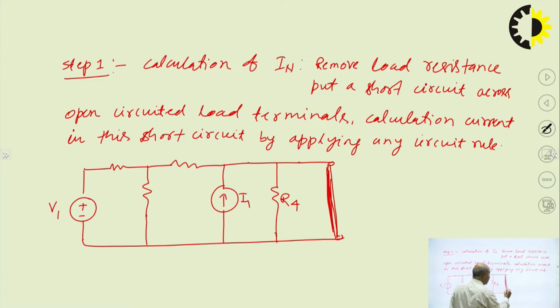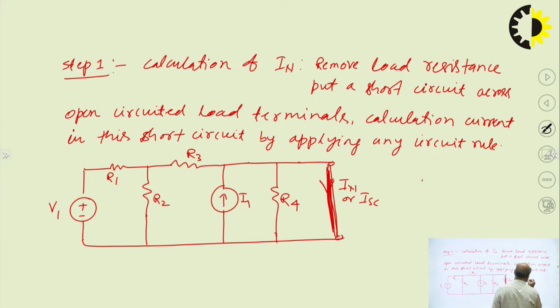So we have to find the current in this short circuit or conducting wire, and this is known as In or ISC, and we can apply any of our circuit rules to calculate the value of In or ISC. These circuit rules are KVL, KCL, nodal, mesh, etc. Right. So this is step 1, how we calculate the value of Norton's equivalent current.